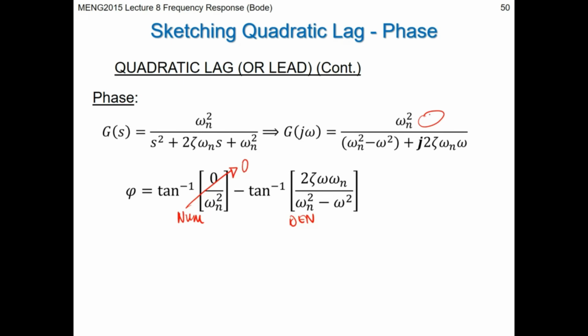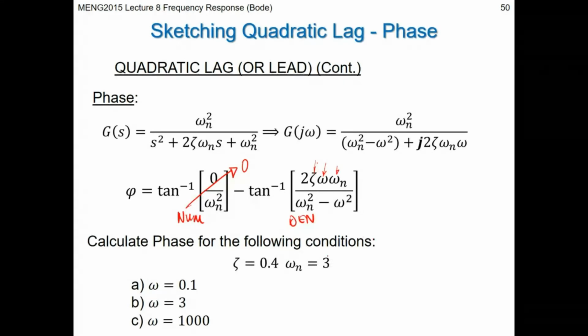This goes to 0. But this one, of course, we're going to have a value. So we're going to get minus tan to the minus 1 of something which should depend on the values of our zeta, our natural frequency, and the value of omega that we're using, right?